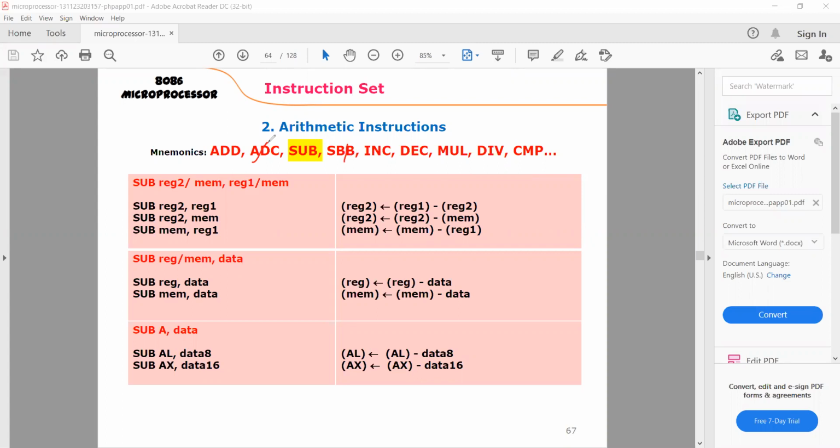In the SUB instruction we neglect the borrow that we get, but when you use SBB, the borrow that was obtained will also be considered and put into the calculation again.